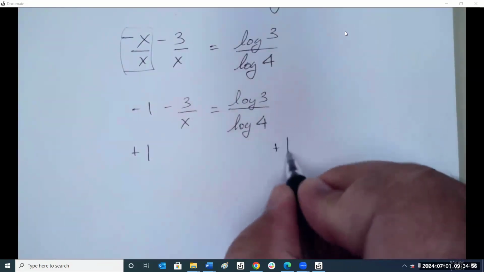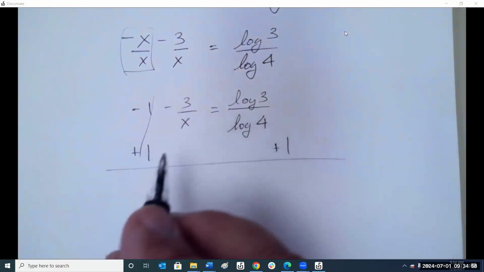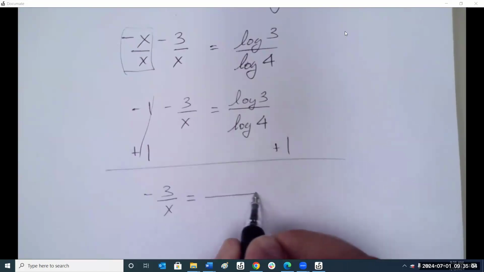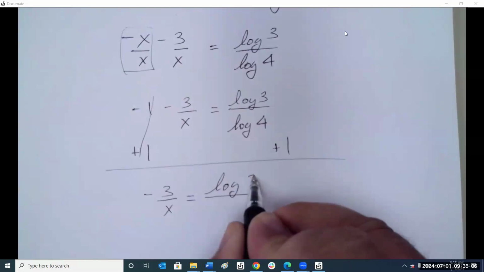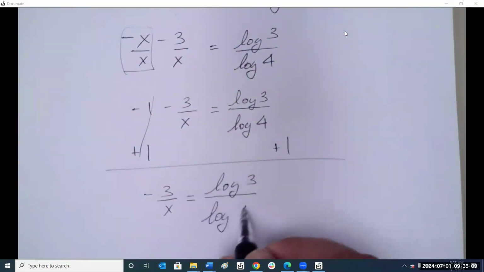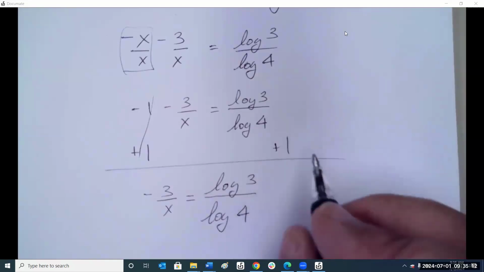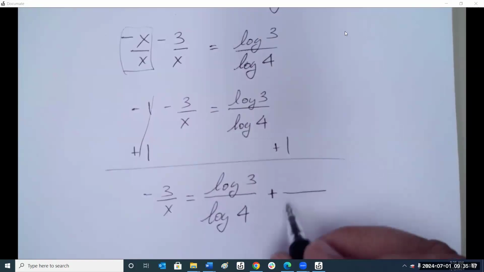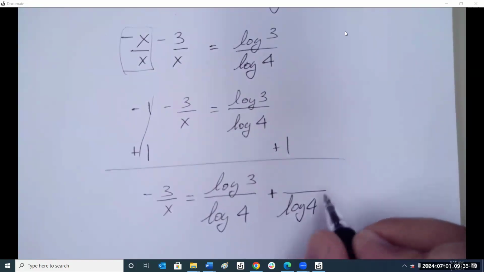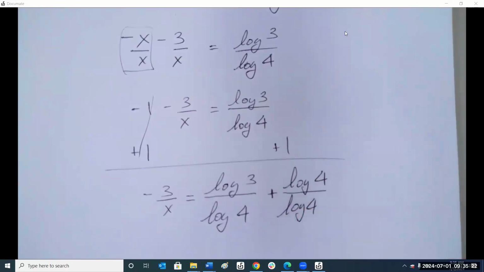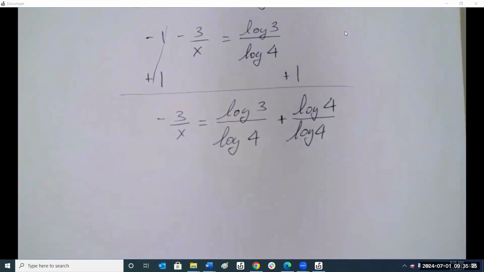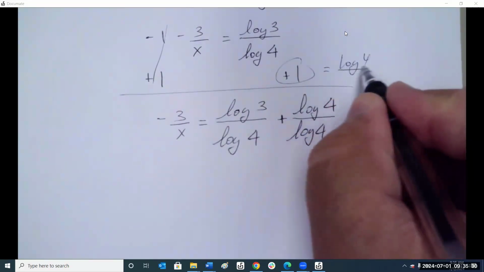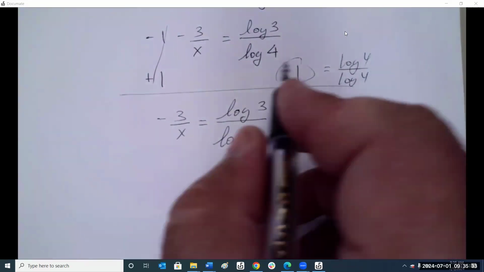Add 1 to both sides. Since you're adding 1, you need a common denominator, so 1 is the same as log 4 over log 4.